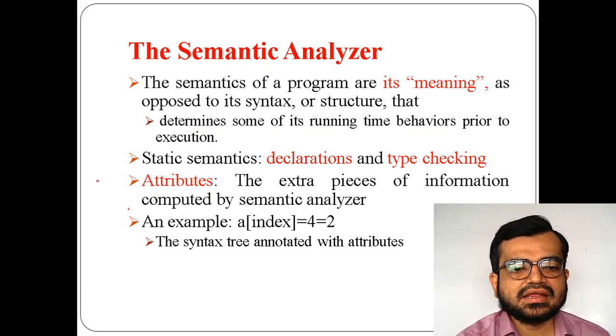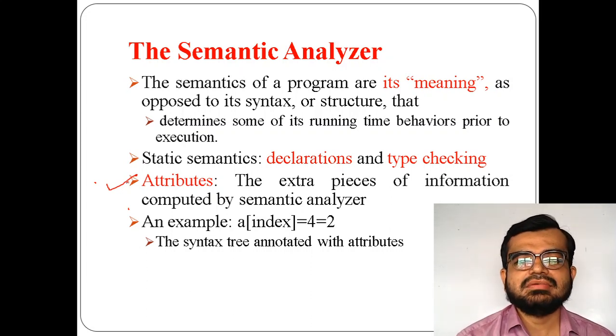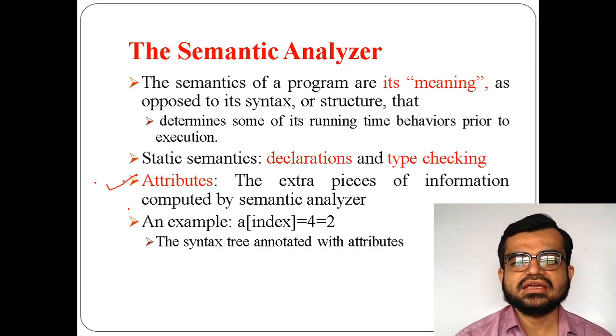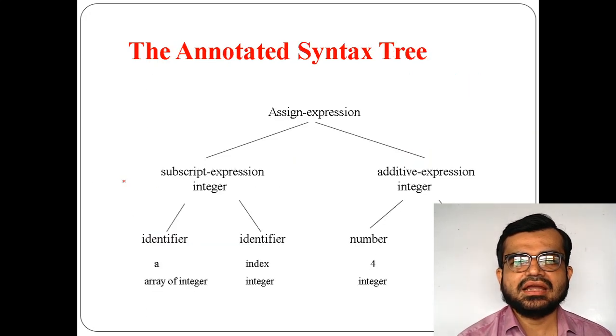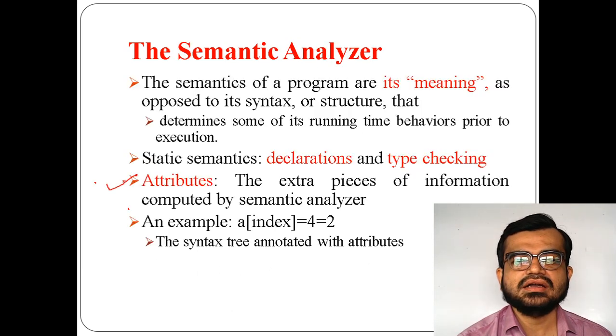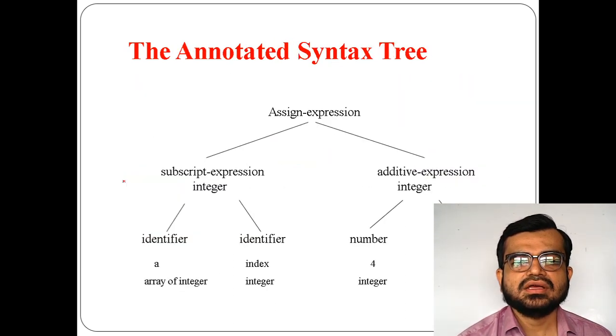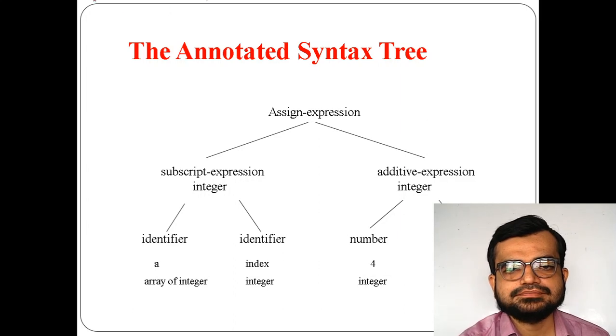Attributes are extra information or properties provided by the semantic analyzer for the given syntax tree. So we have achieved the given syntax tree. Now the role of the semantic analyzer is to convert this syntax tree into an annotated syntax tree.